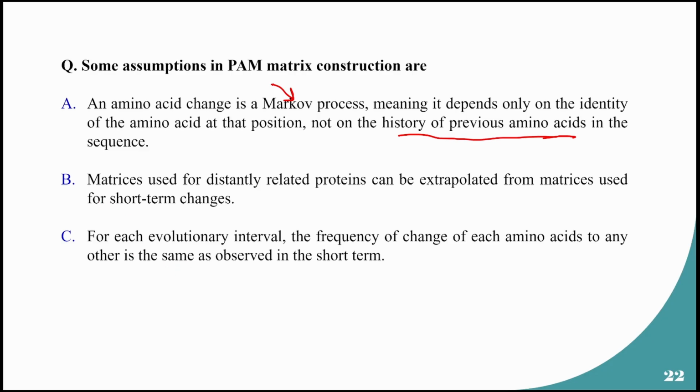And of course, as we looked into it, the matrix for the distantly related proteins has to be extrapolated from matrices used for short-term changes. So we saw that PAM1 was constructed first. Then for the higher order PAM matrices, we went on multiplying the PAM1 matrix by itself several times, right? So for the divergent sequences where we use PAM250, that's not a direct observable score that was seen.